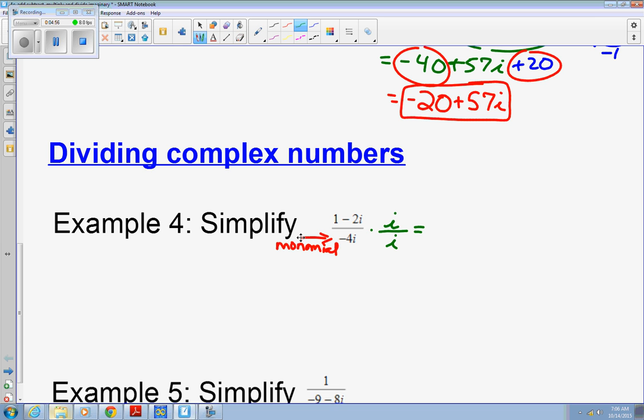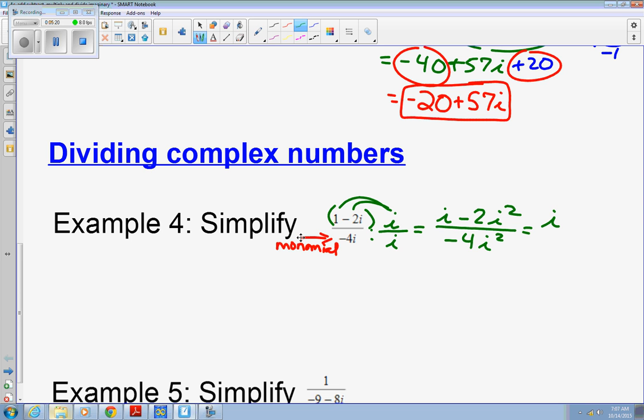So what we do here, distribute in the i. So we have 1 times i, i. Negative 2i times i is negative 2i squared. And then you have on the denominator, negative 4i times i, negative 4i squared. Let's simplify this numerator and denominator. First we have i, can't simplify that.